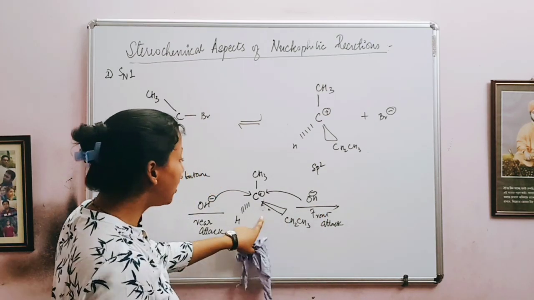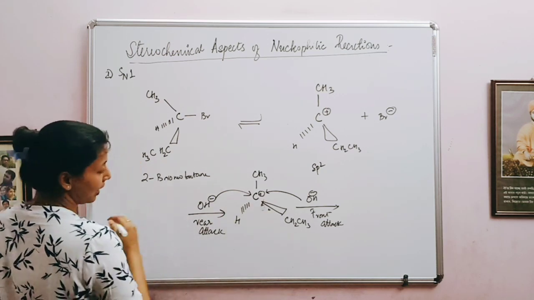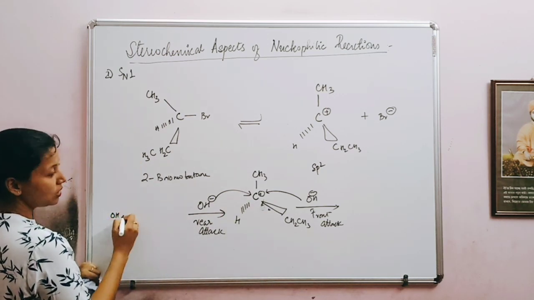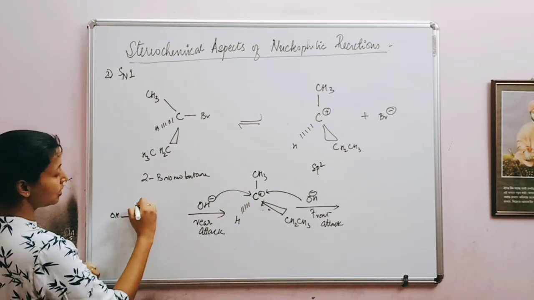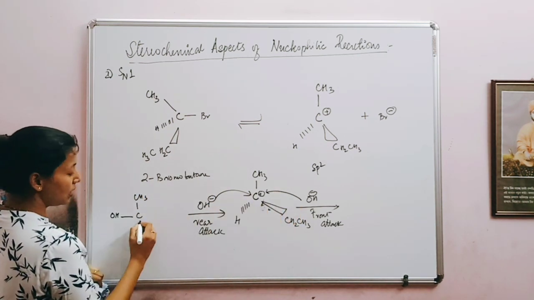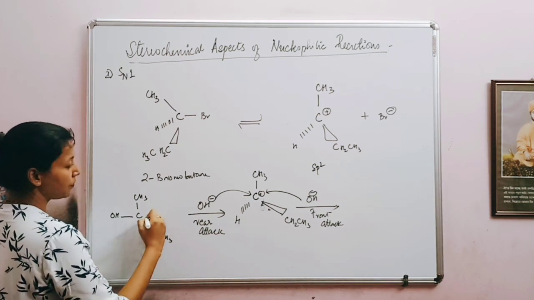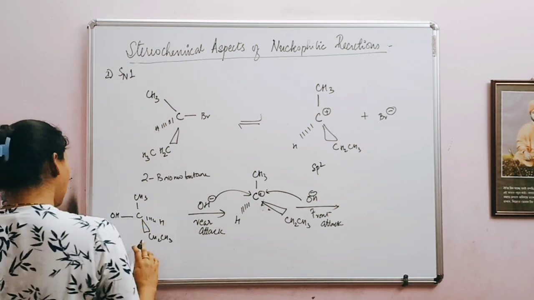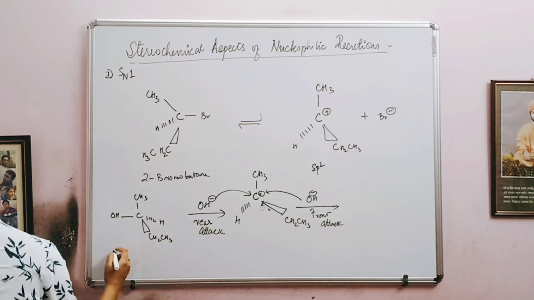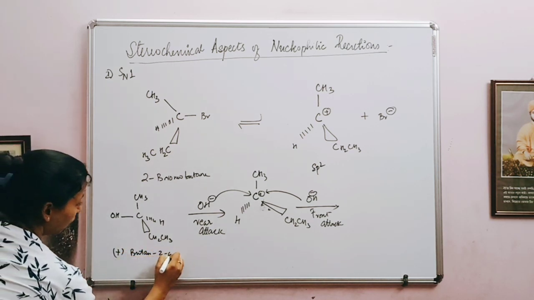So what will be my configuration here? First we will do this side, rear attack. So OH, then CH3. Rear attack means from the back side, this will go this side. So we have CH2, CH3 and H. Then this one is plus butan 2-ol.